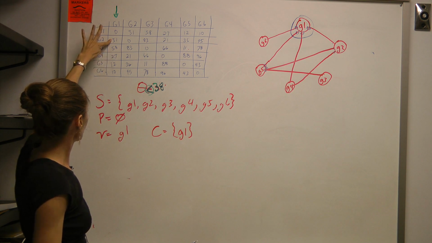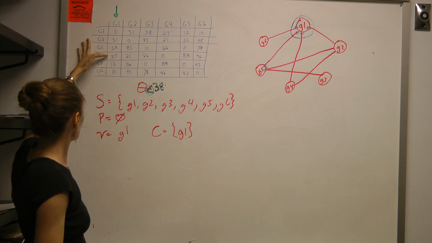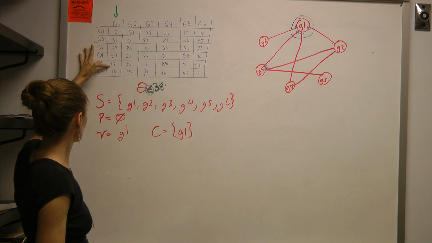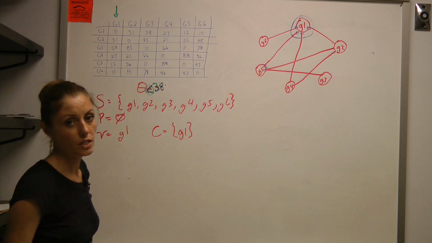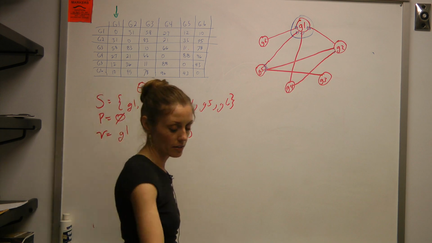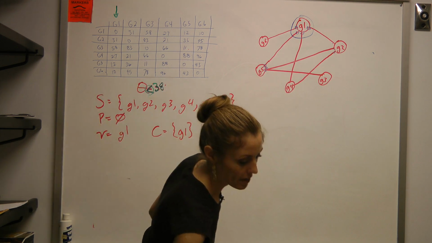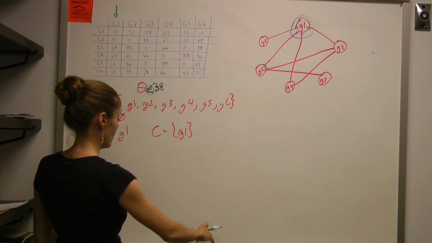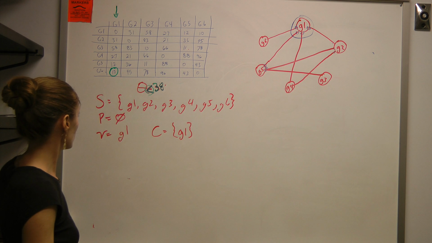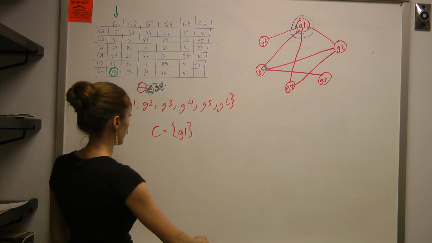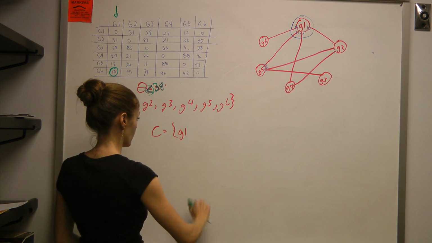G2 is close to G1. G4 is close to G1, G5 is close to G1, and G6 is close to G1. G6 is the closest, so that would probably be, as the algorithm states, our best choice. So since we see G6 is our closest, we can go ahead and add that to our cluster.